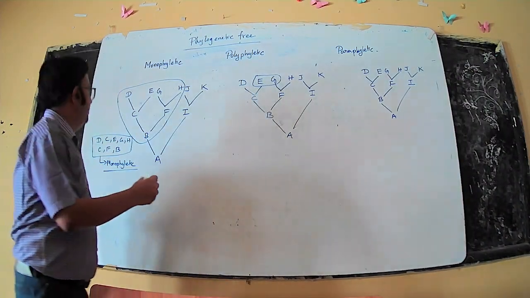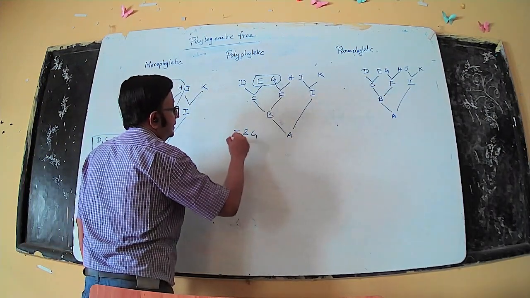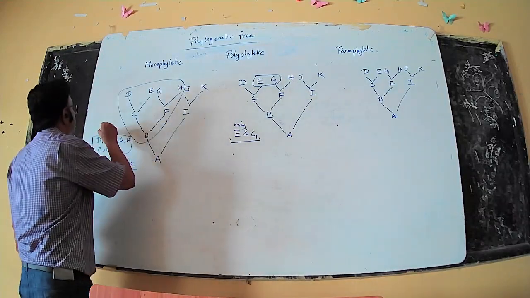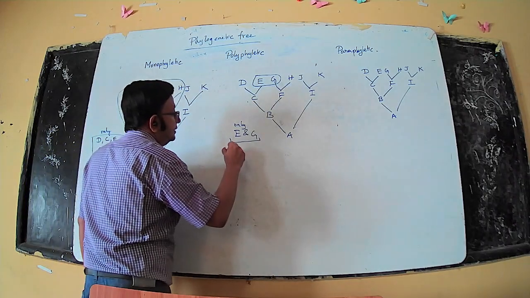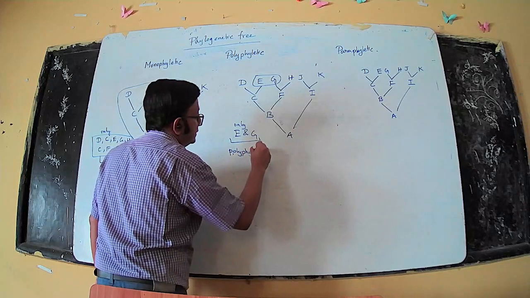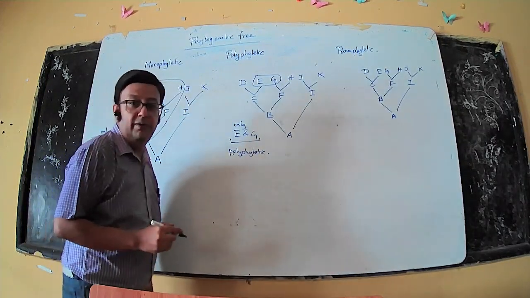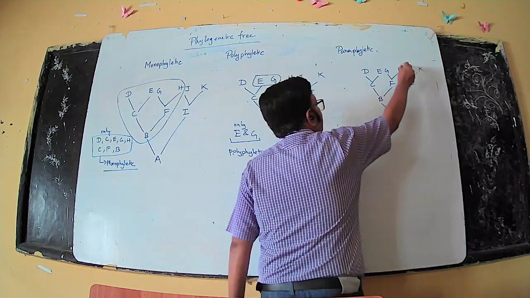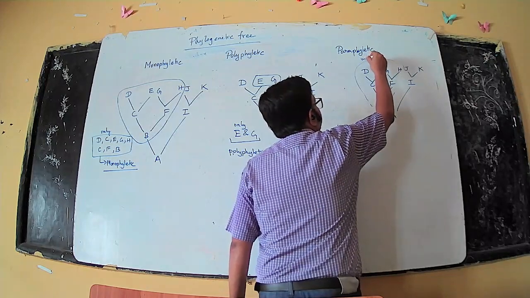So this is known as polyphyletic, only E and G. They are considered now. You have considered this as monophyletic.